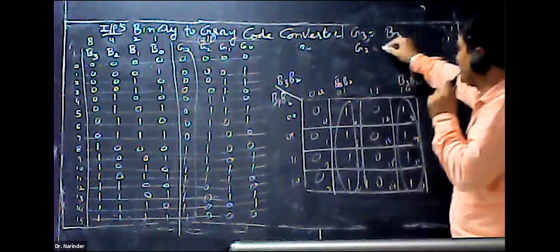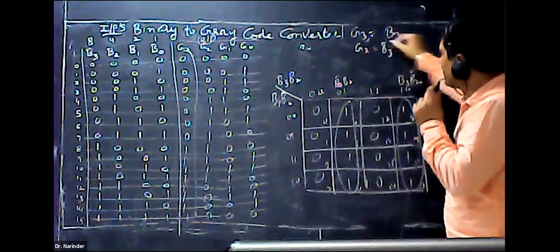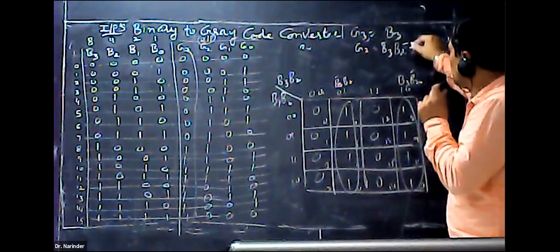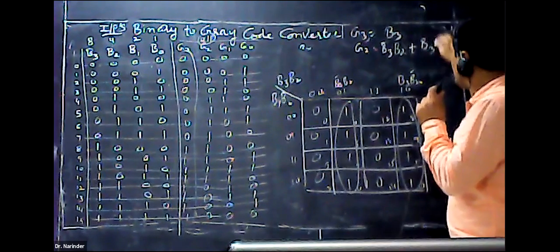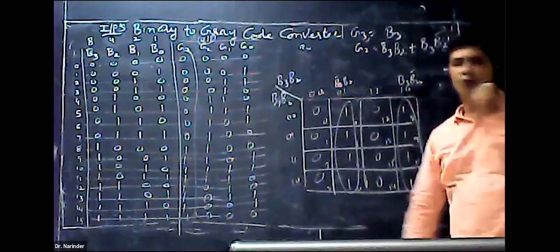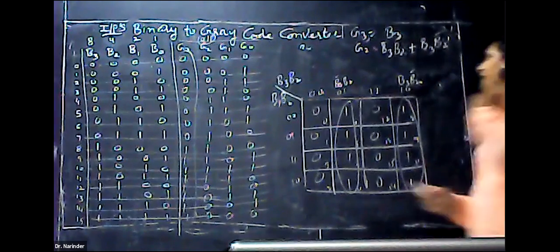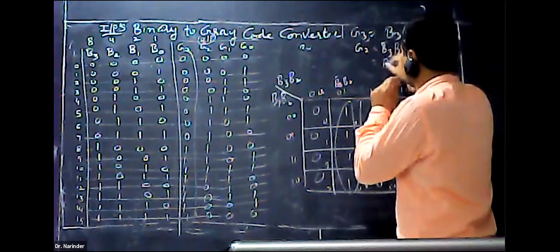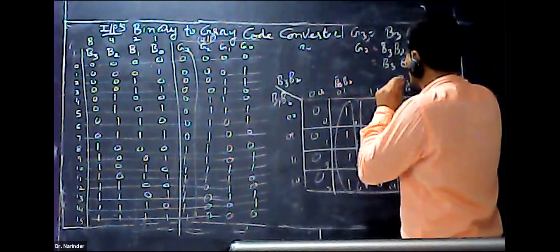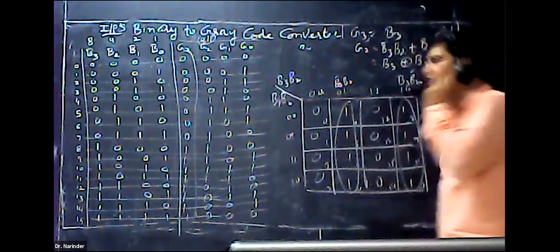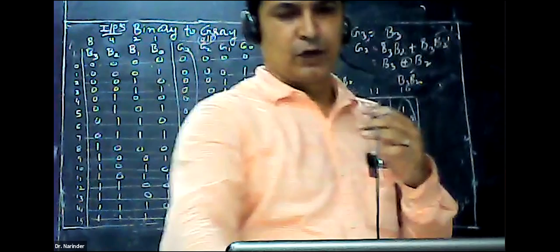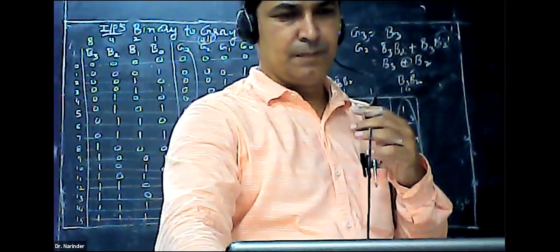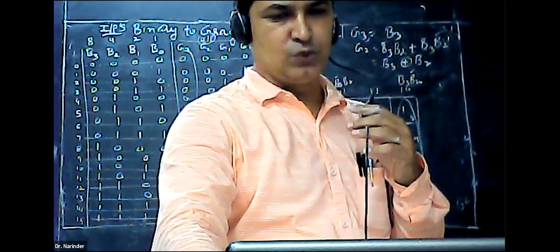So its result would be B3 bar B2 plus B3 B2 bar. Now I will solve this. We will find this is B3 XOR B2, as we have already done in the half subtractor also.